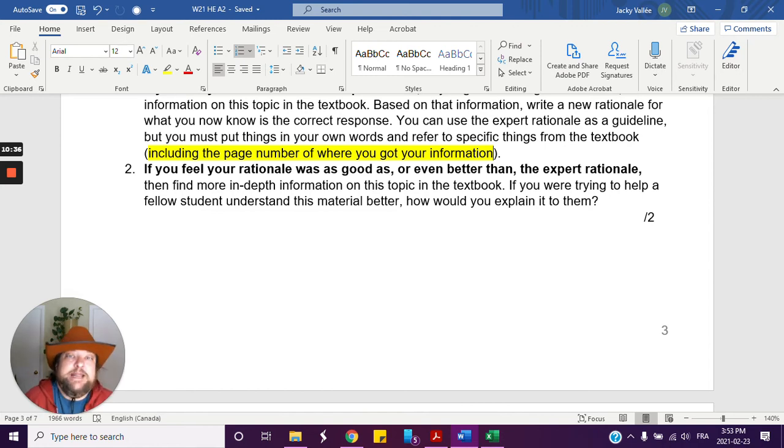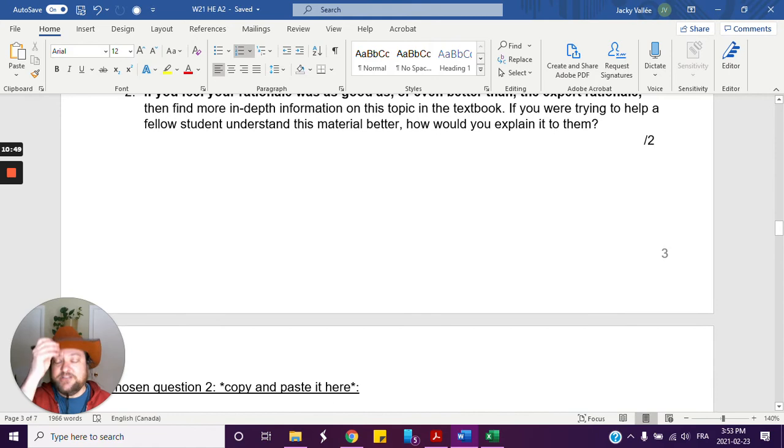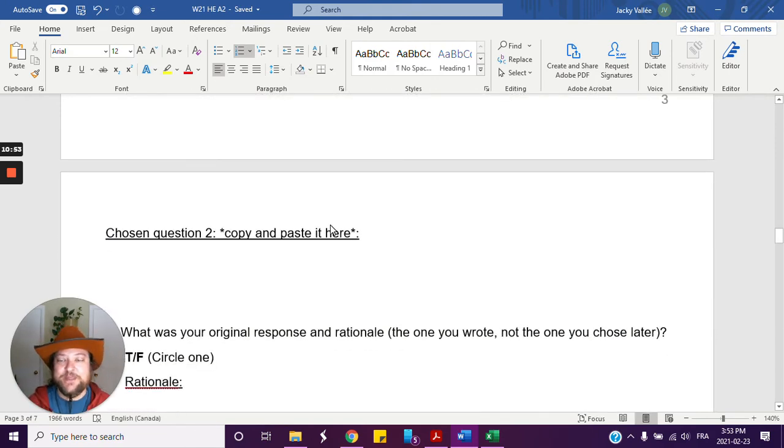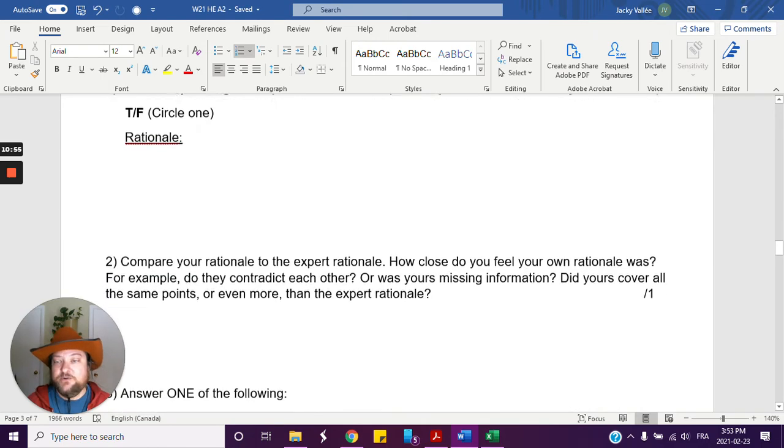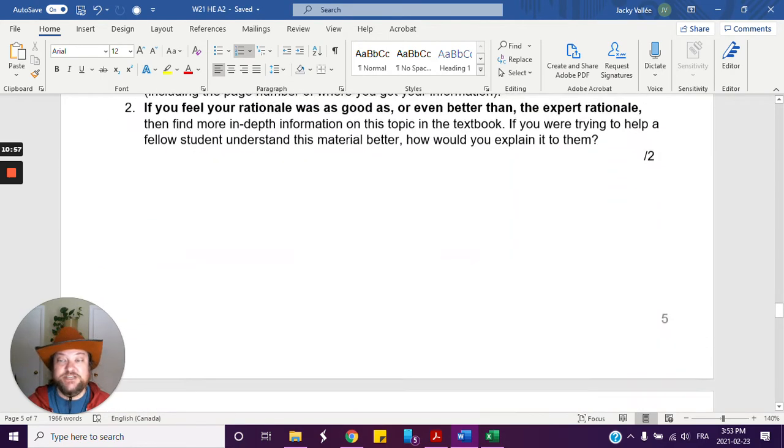How would you explain it to them in a simplified way, making things easier for a layperson outside the field to understand? You can take that approach if you didn't have trouble with any of these questions. It still allows you to learn in a deeper way, because when we have to teach something, we learn it deeper. So same thing for your second question, third question, fourth question.